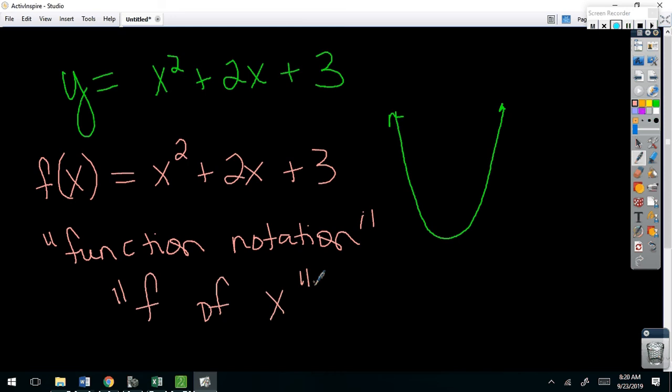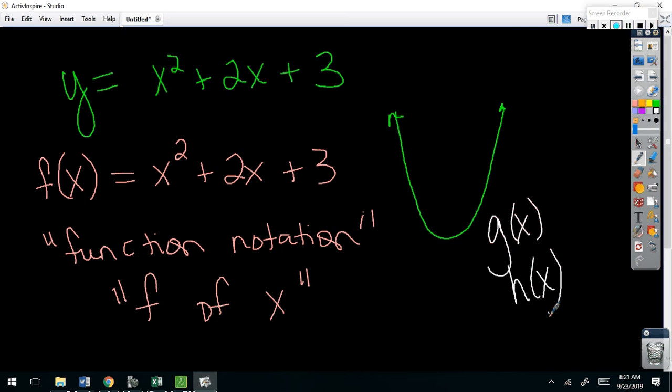Somebody asked, is that the same thing as g and h and everything else? It absolutely is. As we start working with functions, we name them. It's kind of like y'all having different names so we can distinguish between you. We name our functions different names so that we can distinguish amongst them. If we're comparing functions, you might have an f of x, a g of x, and an h of x so that you can go back and refer to them by their name.